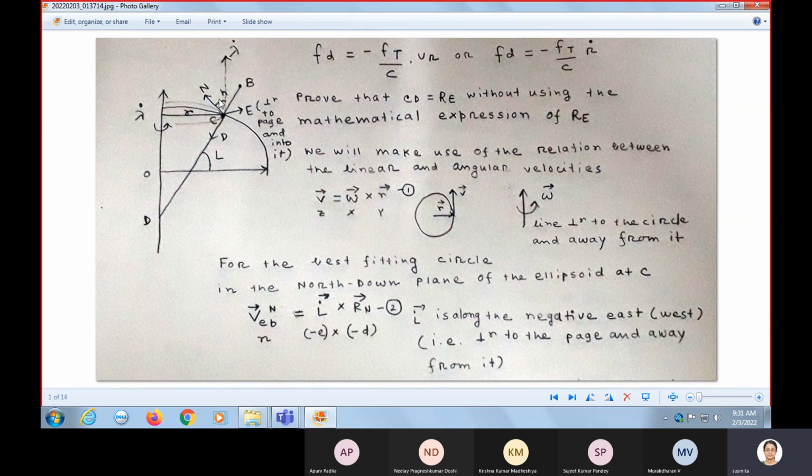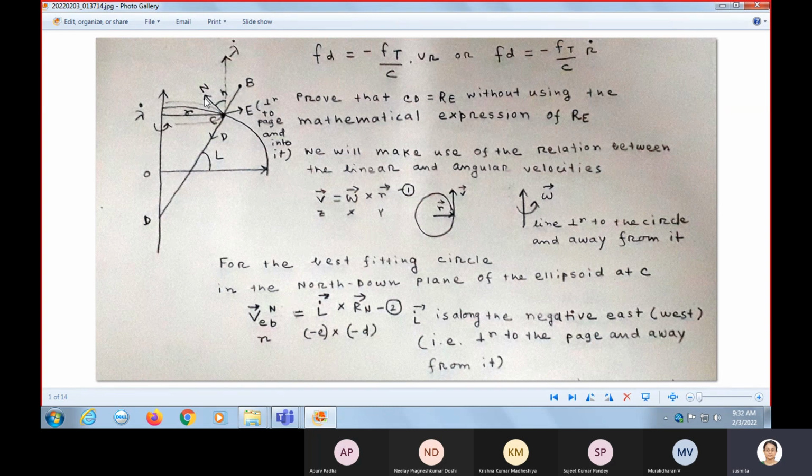This angle is L. So along north we have lambda dot cos L, and then along negative down we have lambda dot sin L. But again, the circle is in the east-down plane, and we need to pick a component which is perpendicular to that circle. So lambda dot sin L will not have any contribution.